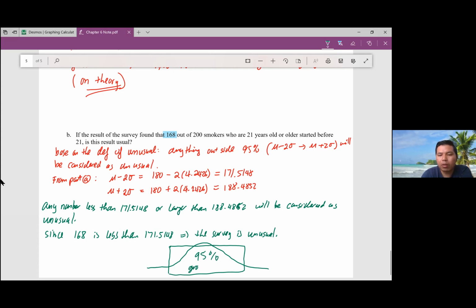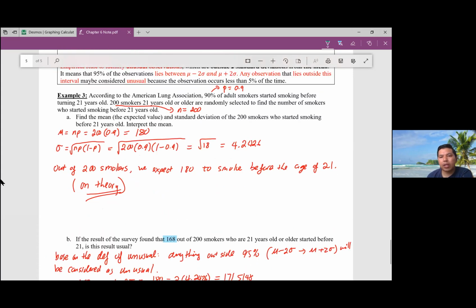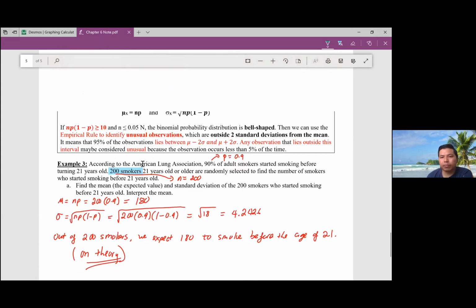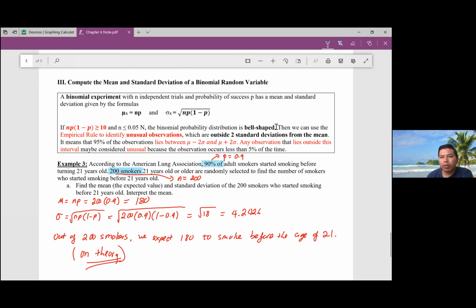Meaning that anything outside of that range we'll consider to be too good to be true. So there's something wrong out of that, according to that rule that we have. Anything outside of this interval, the observation will occur less than 5% of the time, so we don't want to take that chance. Meaning that it's not a good observation for the study anyway. That's what they meant.